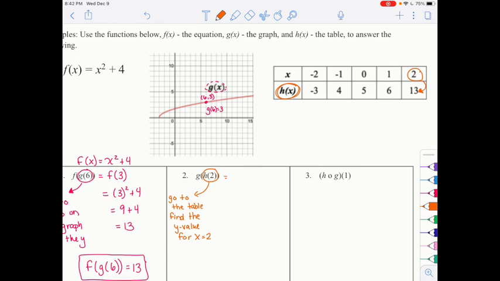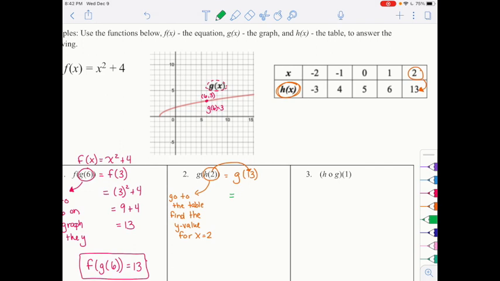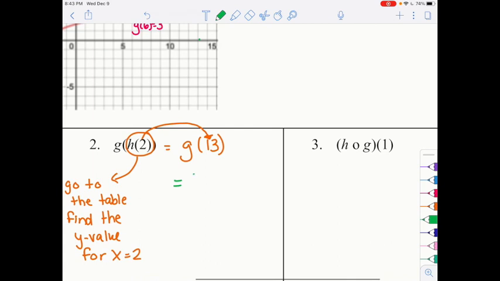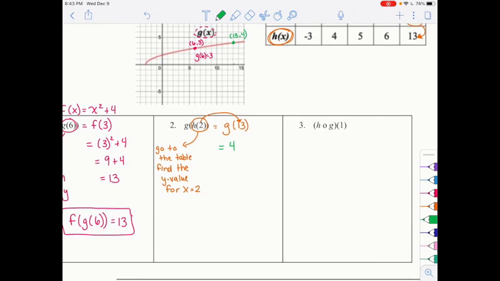So h of 2 is 13. So this is going to become g of 13, right? Because h of 2 was 13. Now this says go to my graph, go to 13 on the x, follow it up. So this point here, this is the point (13, 4). So g of 13 is 4. So g of h of 2 became 4.